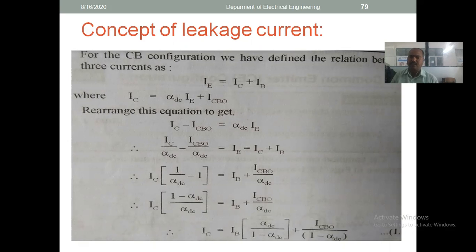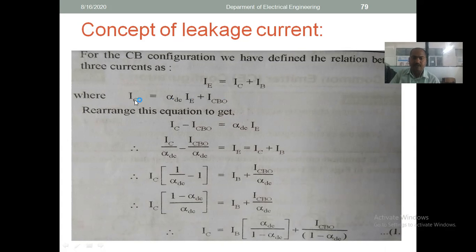For the calculation, we require another equation, the IC equation, which is already designed for our calculation. So IC equals alpha DC into IE plus ICBO. This is the equation for IC.